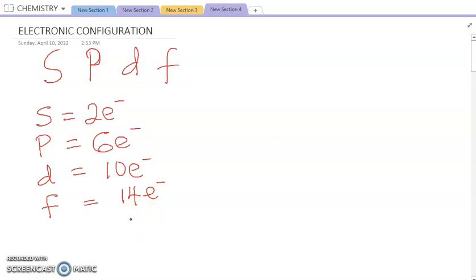Now, if you want to write the electronic configuration, usually we have electron to be signified as the power of the orbital. For instance, you have something like this: s to the power of 1, s to the power of 2, p to the power of 3, d to the power of 7.